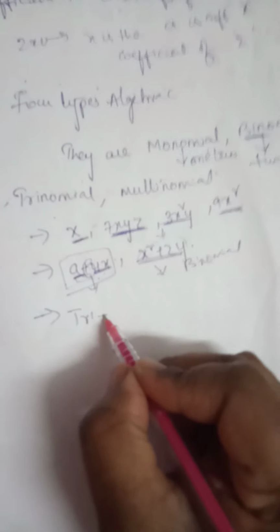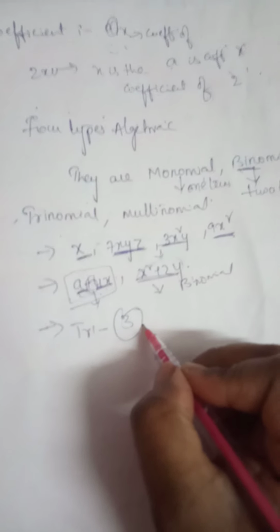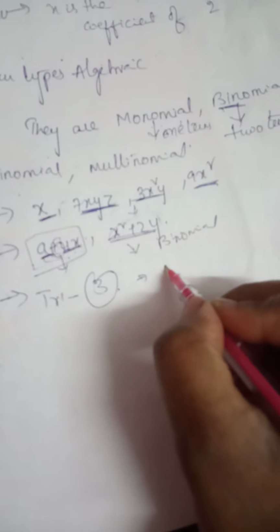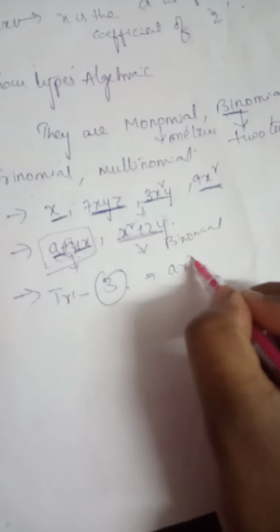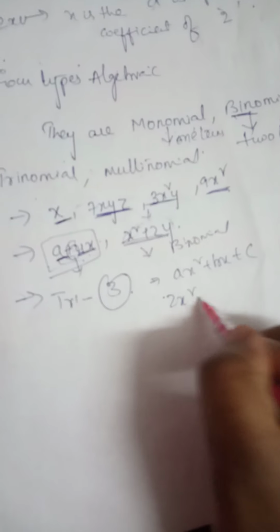Now coming to the trinomial. Here tri represents 3. There are some examples for trinomial: ax square plus bx plus c, and 2x square plus 3y square plus 4z square.